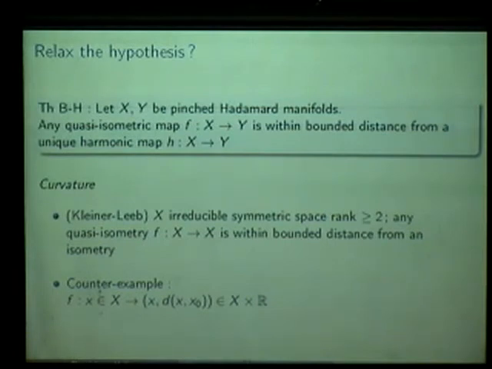There cannot exist a harmonic map within bounded uniform distance of F, because the target manifold is a product, so a harmonic map would have two components which should both be harmonic. The first would be the identity, no problem with that. But the second should be a harmonic function within bounded distance from this function, which is proper and unbounded. This would contradict the maximum principle.